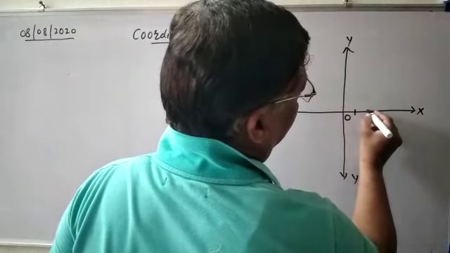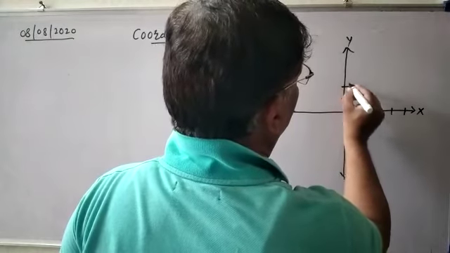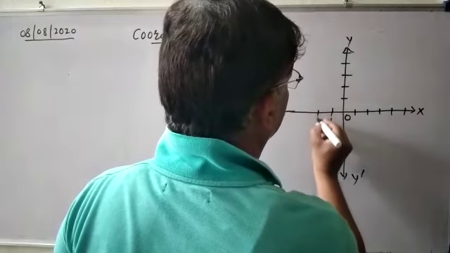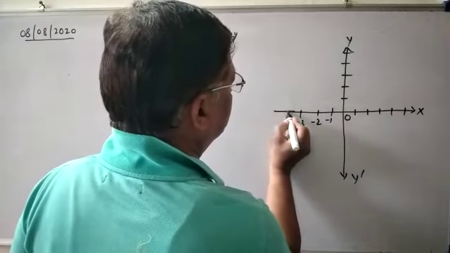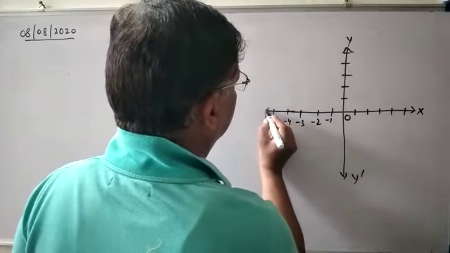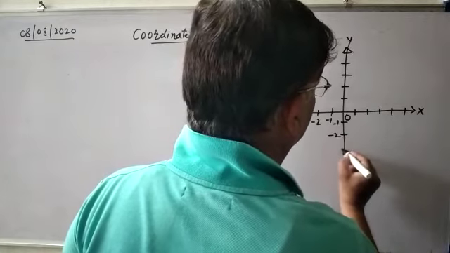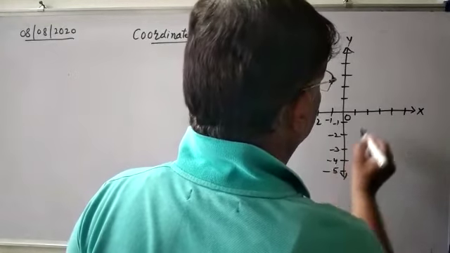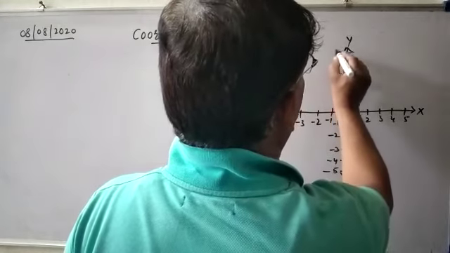We divide both the axes into equal units: 1, 2, 3, 4, 5.